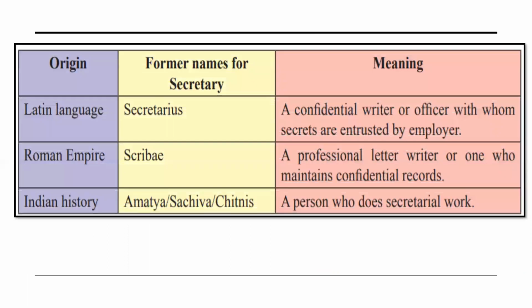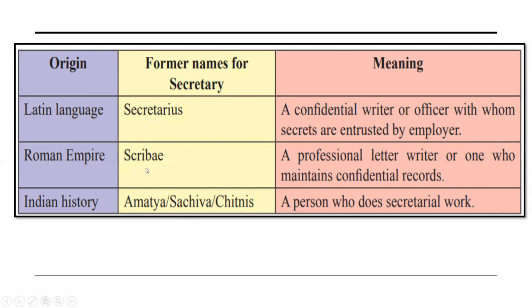So class, basically if we see the chart of origin of the secretary, it started a long time ago. For example, in Latin, the word for secretary is secretarius, which means a confidential writer or officer with whom the secrets are entrusted by the employer.